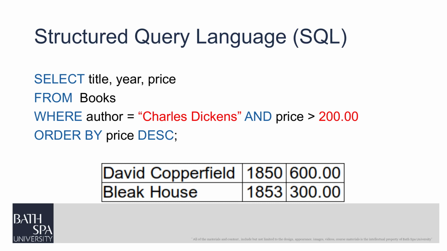We can further develop our query, so we're going to select the same information from the same place, but we're asking where the author is Charles Dickens and the price is over £200.